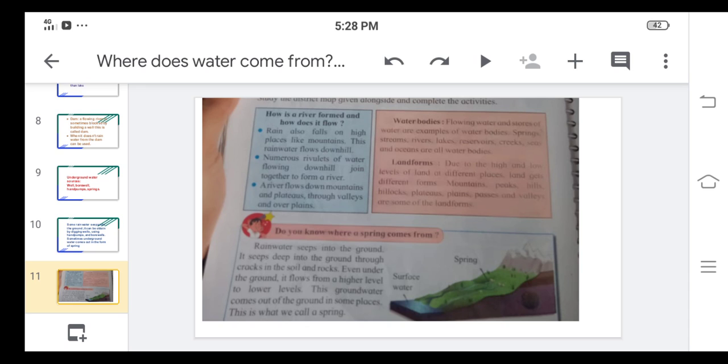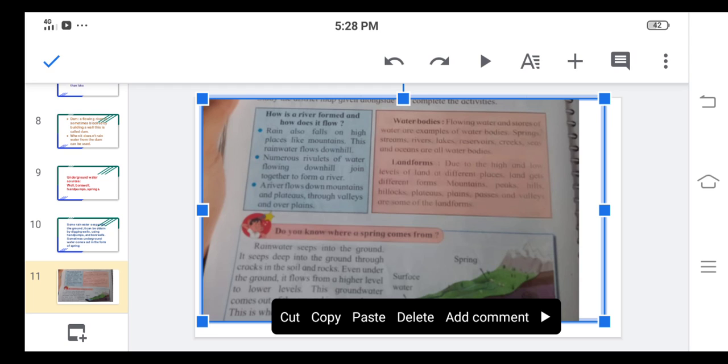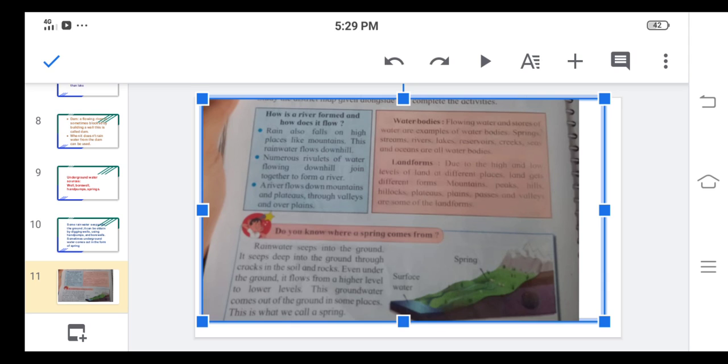Now here we can see how rivers will form. Rain also falls on high places like mountains. This rainwater flows downhill. Numerous rivulets of water flowing downhill join together to form a river.